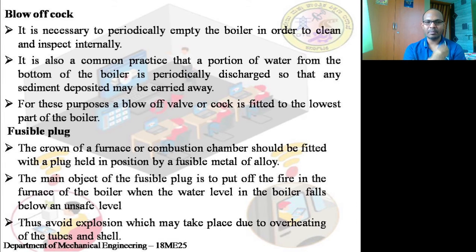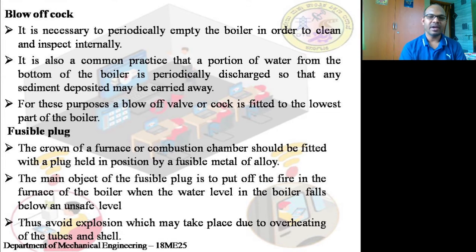Now, this fusible plug is something like a controller. It is always placed near the combustion chamber, and it monitors the combustion of the fuel.